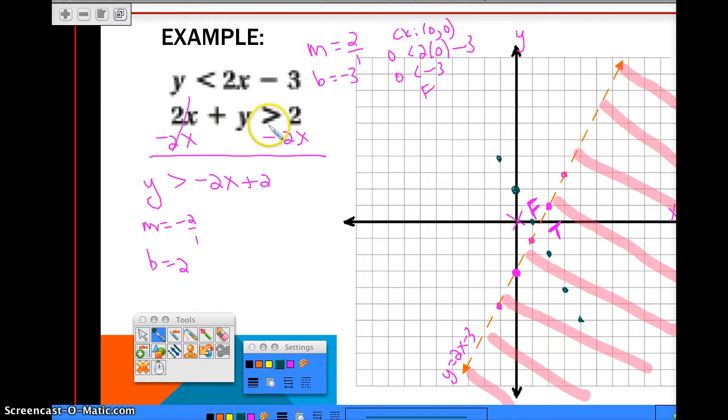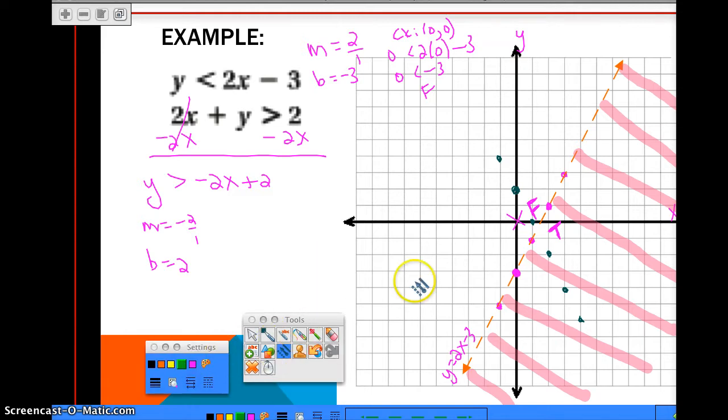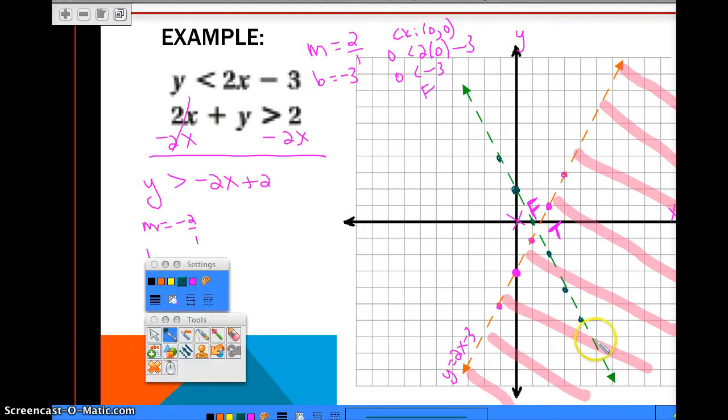We know that it does not have an equal sign in it, so we are going to connect it with a dotted line, like so. Don't forget to label it: 2x plus y is greater than 2.